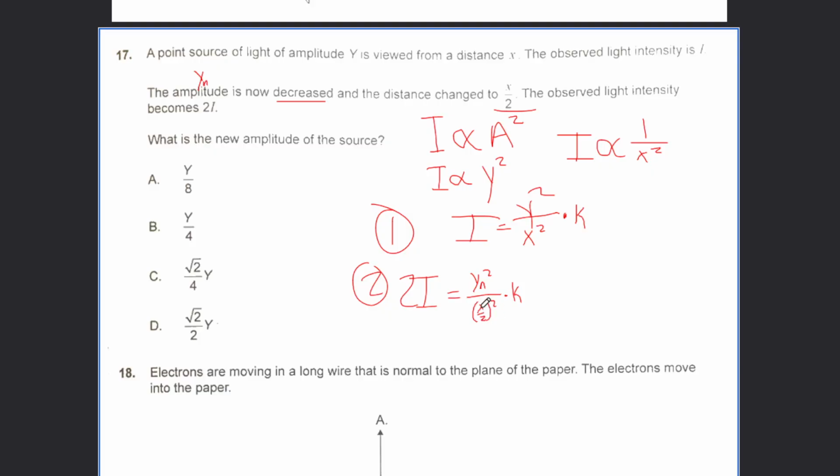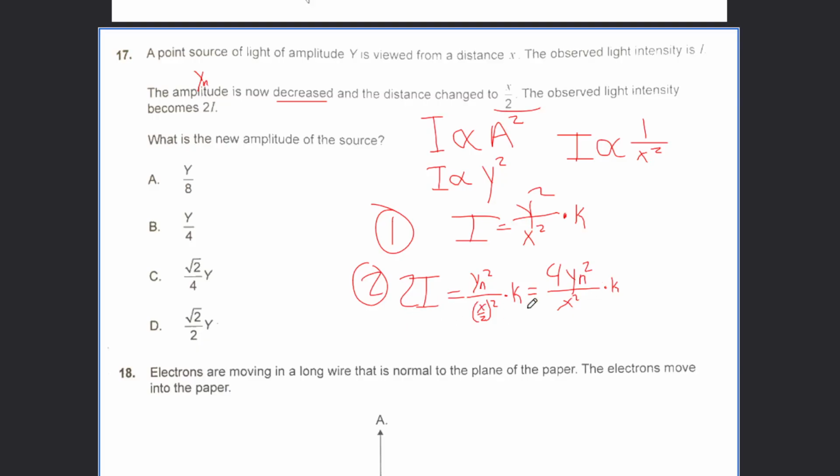X over 2 squared is x squared over 4, so this is going to become 4y sub n squared over, sorry, now it's just x squared, and then times k, of course.